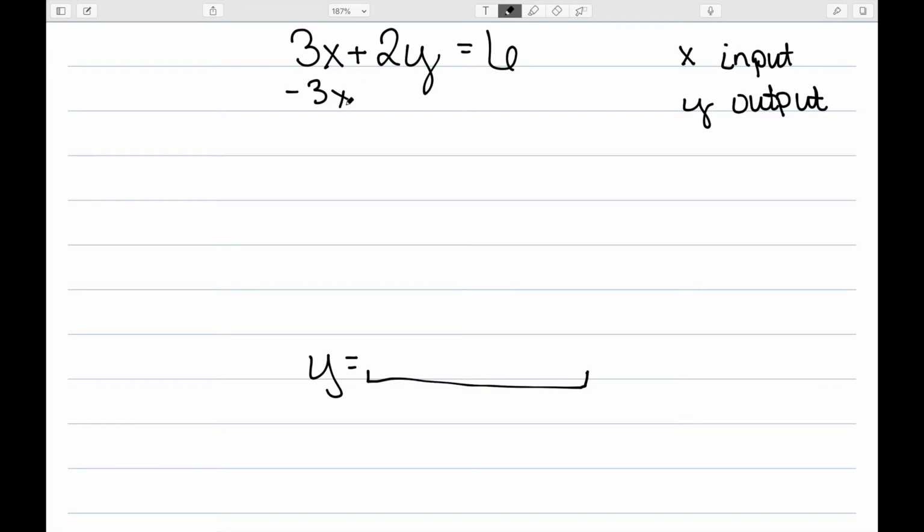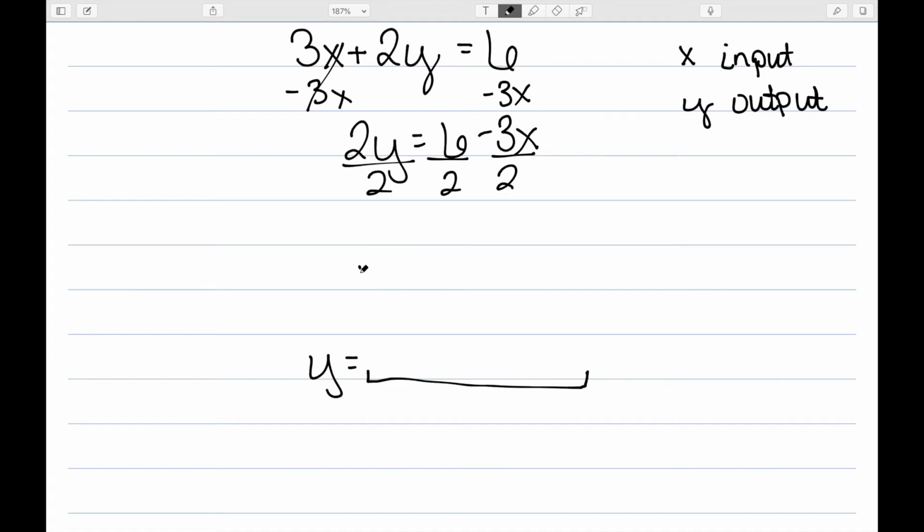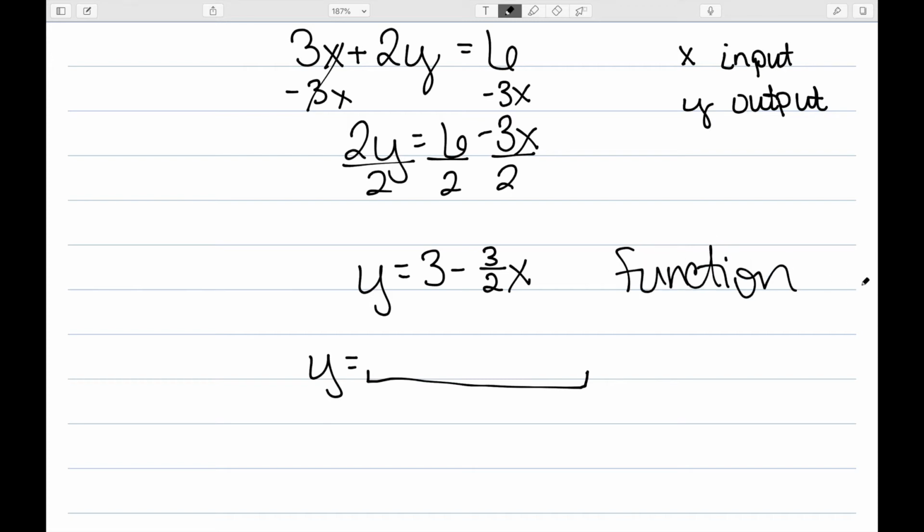In this case, I could subtract 3x from both sides. I get 2y = 6 - 3x. Dividing through by 2 gives me y = 3 - (3/2)x. And so this would be a function since now I was able to write it as y equal to a single thing.